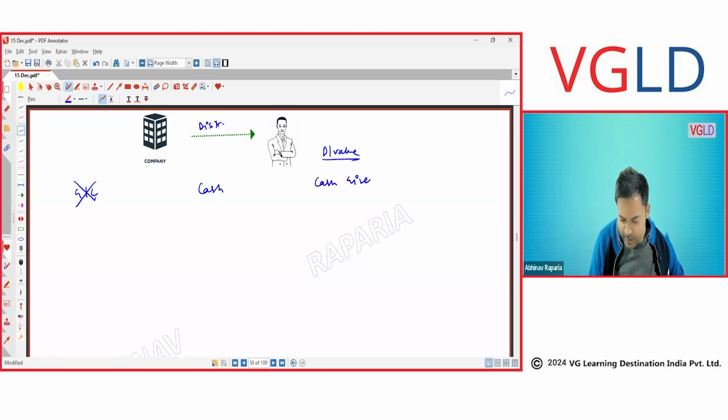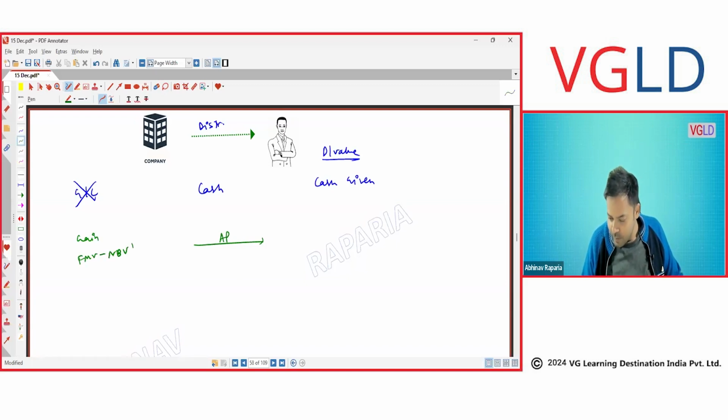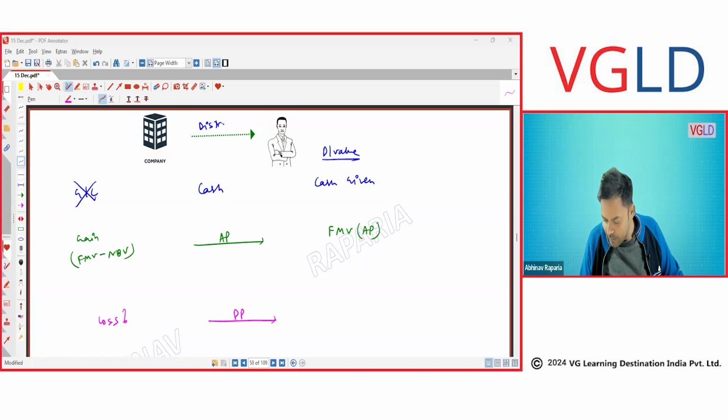But if the company is giving appreciated property, then you will recognize the gain, which is fair market value minus net book value. The distribution value is the fair market value of the appreciated property. But if the company is giving depreciated property, is the company going to recognize the loss? No. And here again, the distribution value is the fair market value. Is this okay?